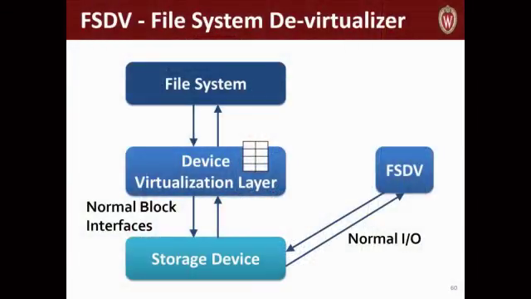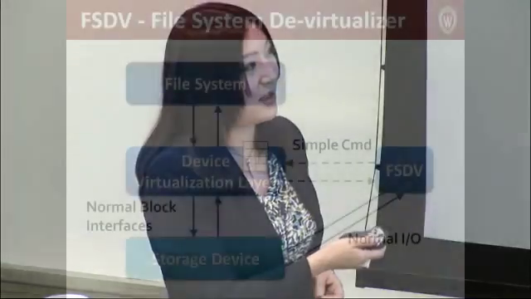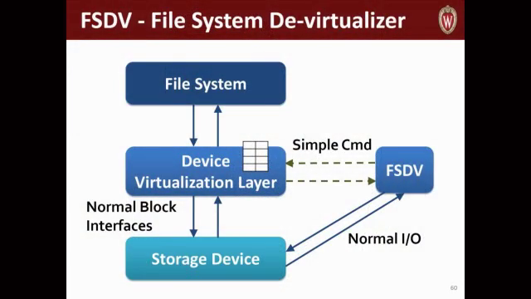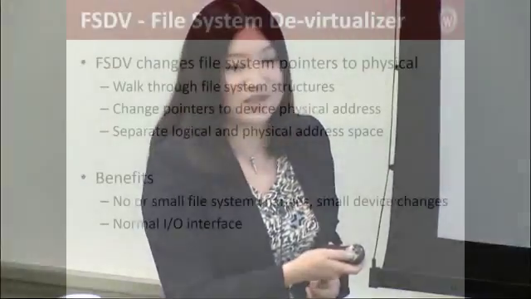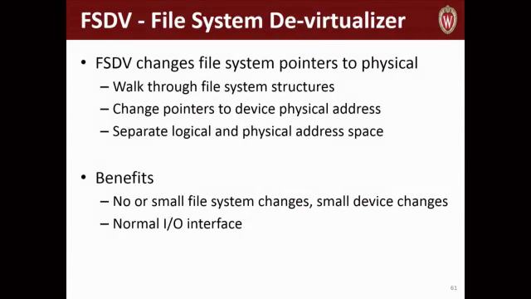It talks with the storage device with normal I/O and simple commands to the virtualization layer. After FSDV is invoked, the mapping table can be removed. What FSDV does is change file system pointers from logical pointers to point to physical addresses. Doing so requires small file system changes and small device changes, and it can still use the normal I/O interface.